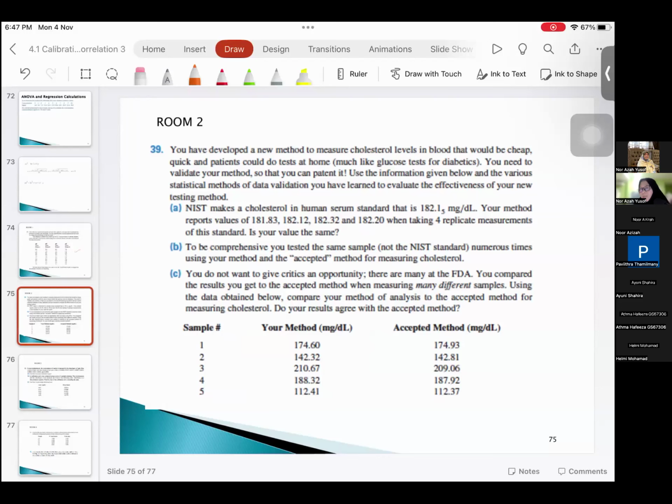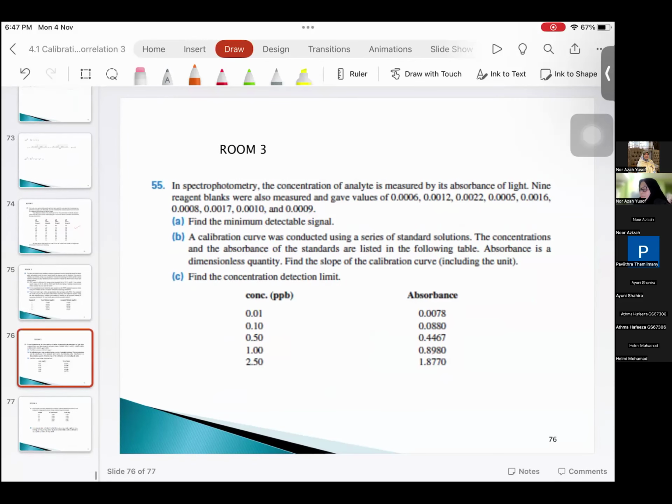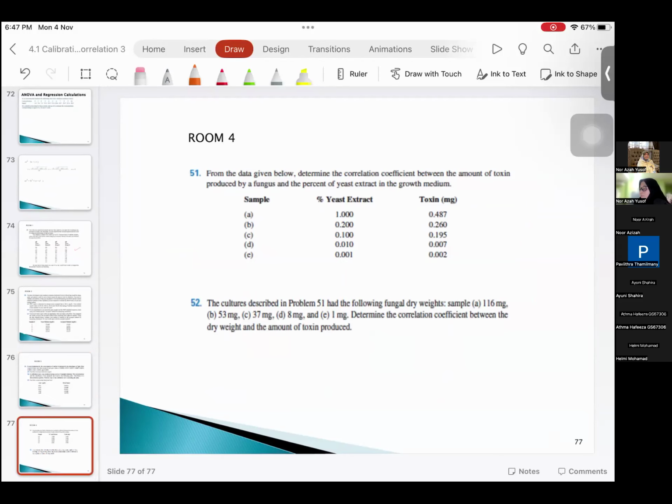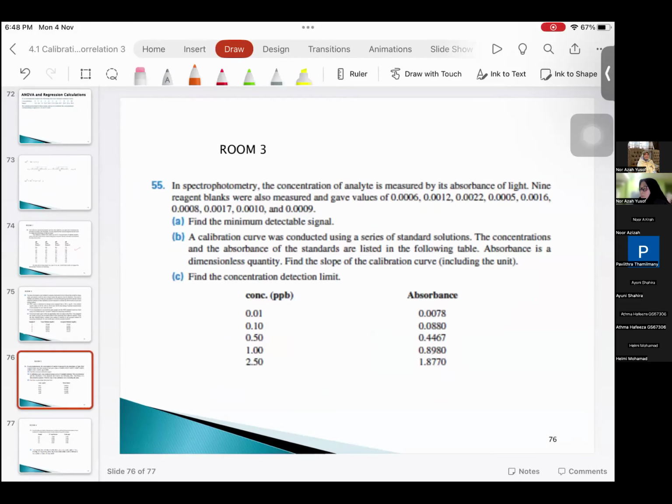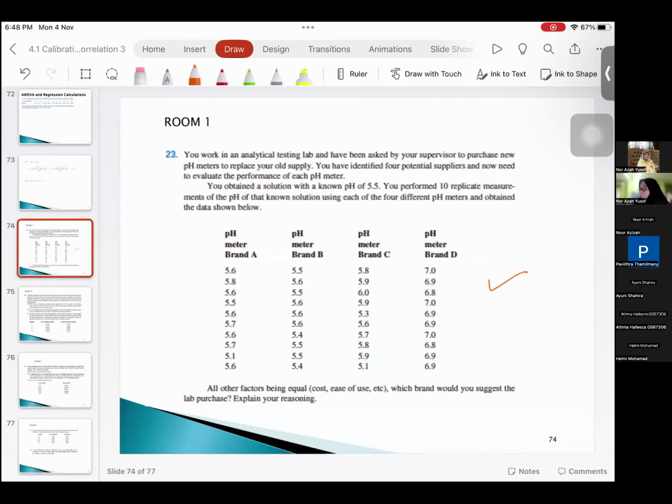Don't just show the calculation, but present it. And this is room 4. So you can see that it covers almost all of what we have discussed.